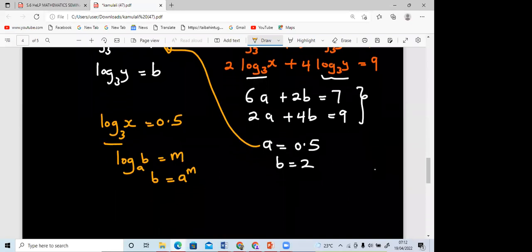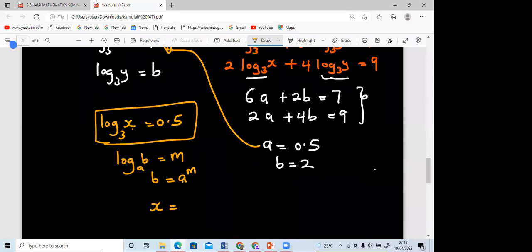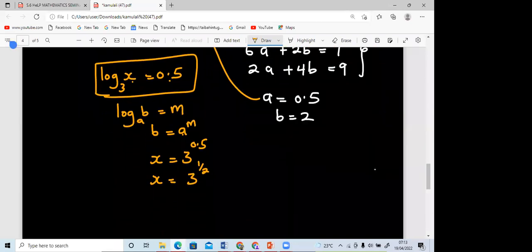That our b is the x, equaling to a, which is 3, then our m is 0.5. So 0.5 is the same as a half. So this is the same as 3 to power half. And we know very well that any number to power half means a square root. So I can have this as root of 3.